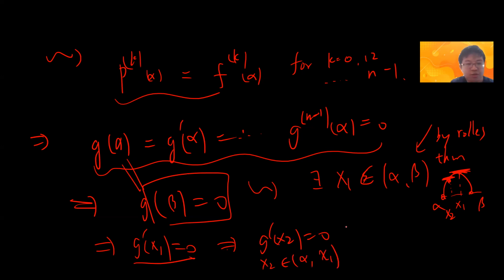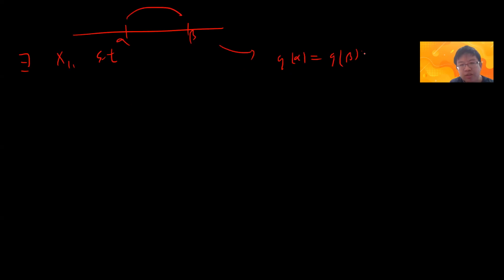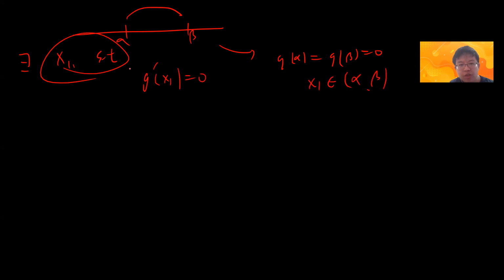So let me just write it down again. You get g of alpha and g of beta are 0. So there exists x1 such that g prime of x1 is 0, and x1 is between alpha and beta.